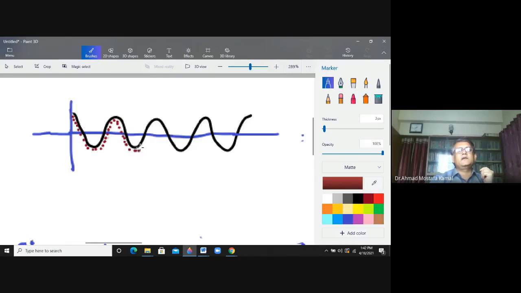Therefore, I am drawing this dotted line with red color.